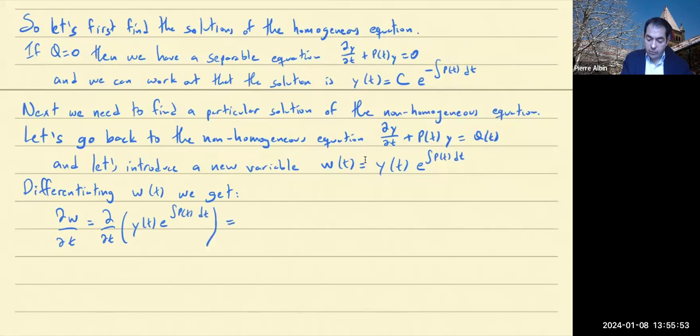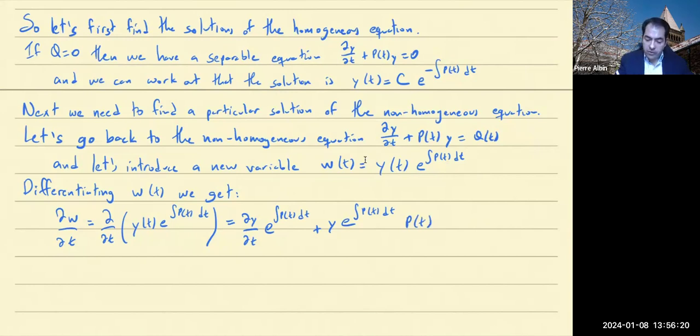So by the Leibniz rule, this is equal to the derivative of y with respect to t times the exponential, plus y times the derivative of the exponential, which by the chain rule is this same exponential times the derivative of the exponent, which would be p of t.